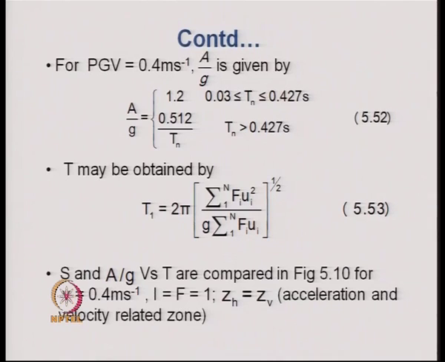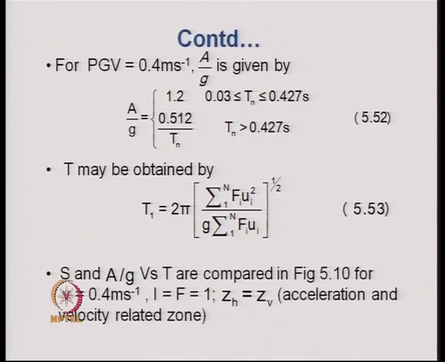It is equal to 1.2 for a time period less than 0.427 and greater than 0.03, that is for the initial portion of the time period, and for larger time period, that is time period greater than 0.427, the SA by G is given as 0.512 by Tn. Again here we can see that it is inversely proportional to the time period.